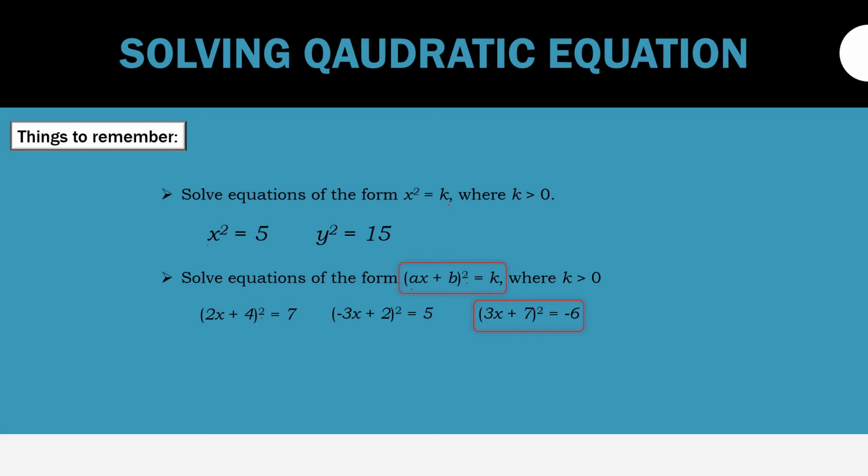The same? Yes, the same. But the problem is, is k greater than 0? What is our k? Isn't k negative 6? Is negative 6 greater than 0? No, right? So meaning, since the number on the side is negative, we cannot use quadratic equation by extracting square root. In that case, it is not allowed, so we remove it. Okay? Next.